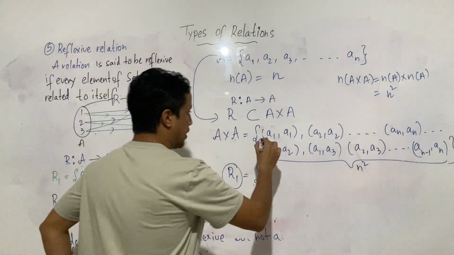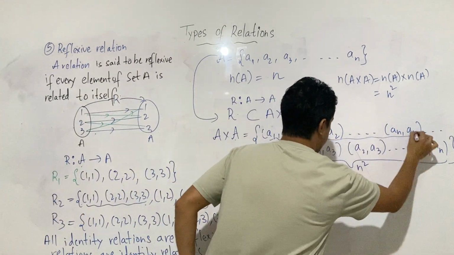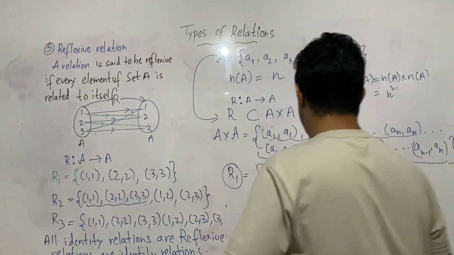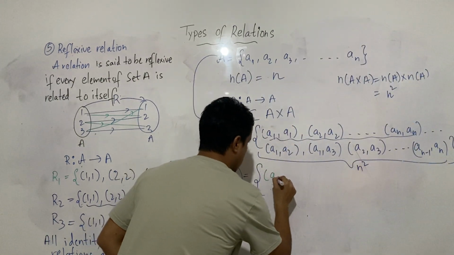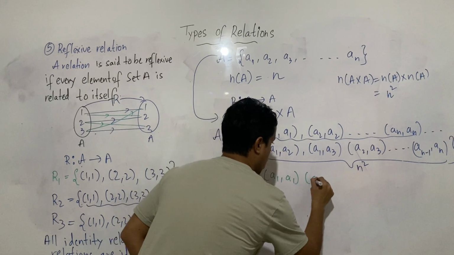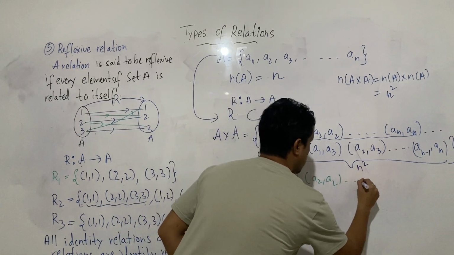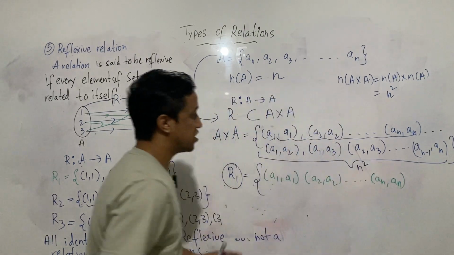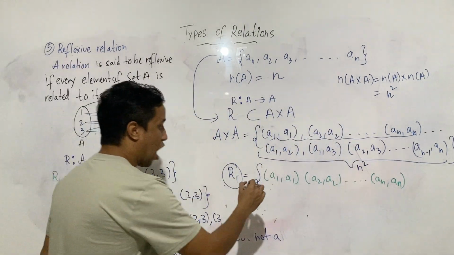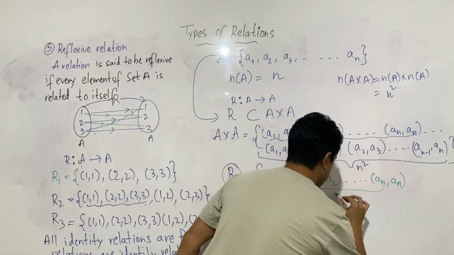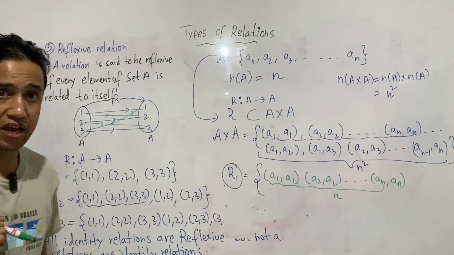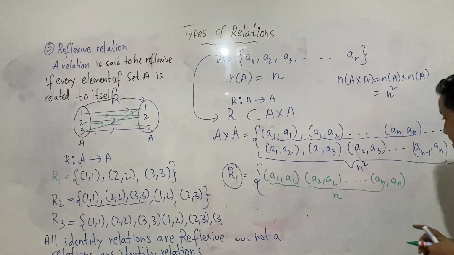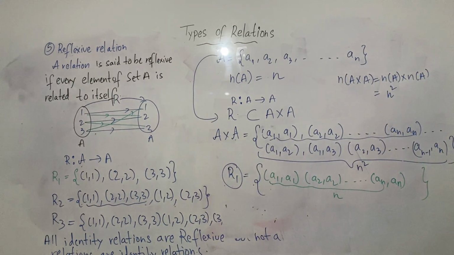So these ones are important for me. Only then is this relation going to be reflexive. How many elements are these? n elements. I hope you understand me, right? Now see here, this is the minimum condition, right?